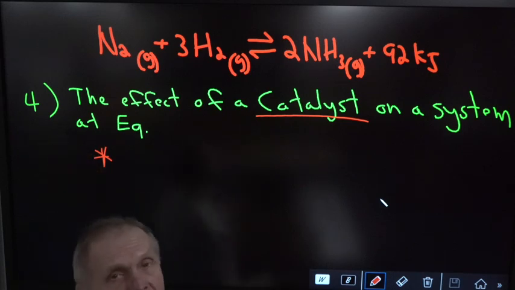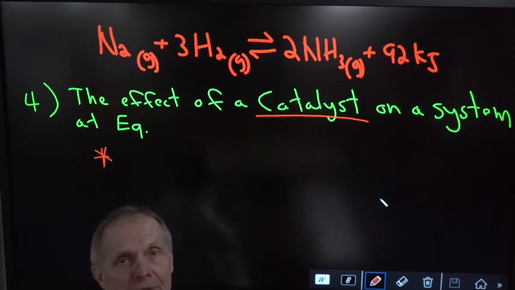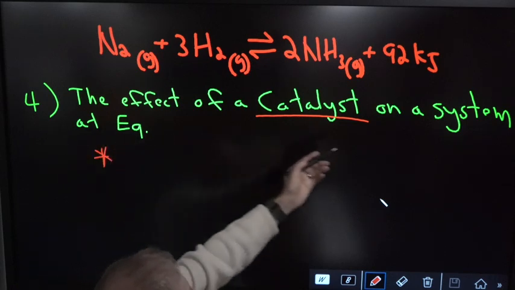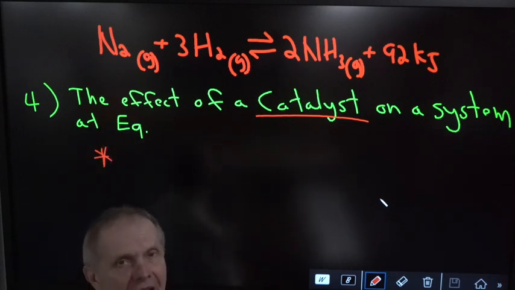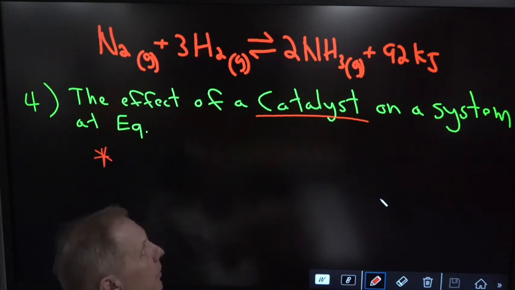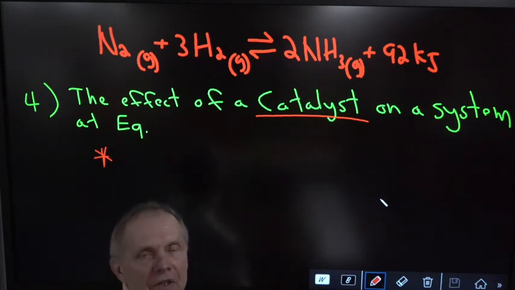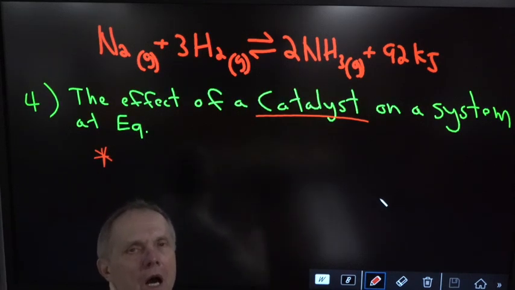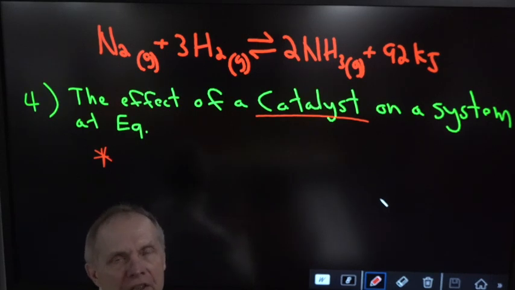So, fourth and final stress that we're going to do today on a system at equilibrium, the effect of a catalyst on a system at equilibrium. Now, you got to remember one thing before we even think about putting this in and how it affects a system at equilibrium. A catalyst lowers the activation energy.